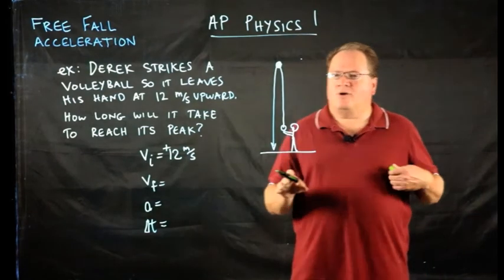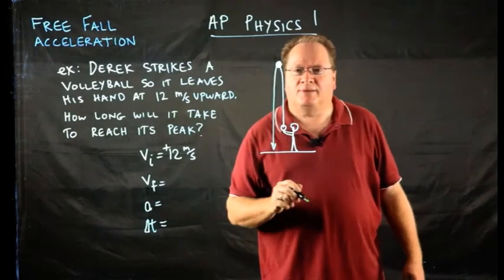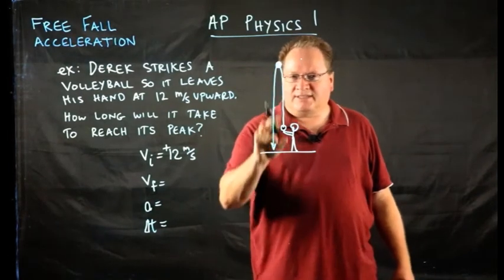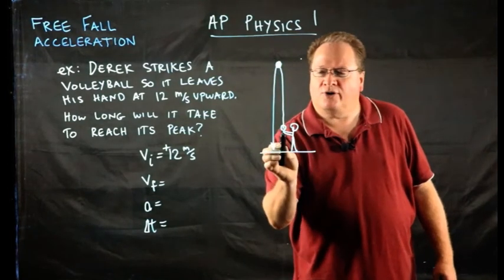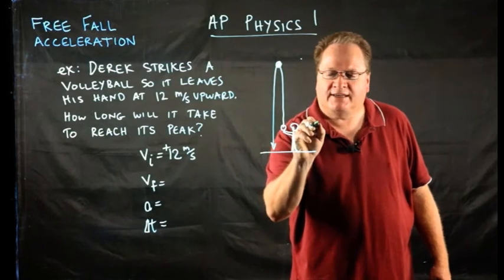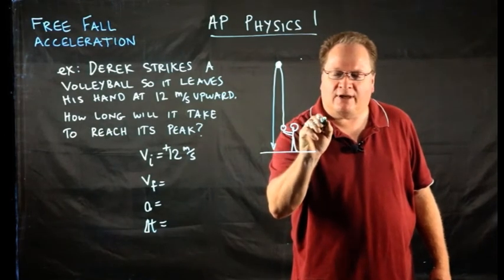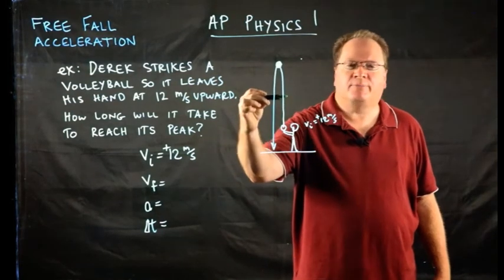Now, do I know what VF is, the velocity at this point in the ball's flight? Well, this is a special location. When you look at the peak, you're going upward. We know that we started with an initial velocity of positive 12 meters per second. What's happening to that velocity, though, as you go upward?